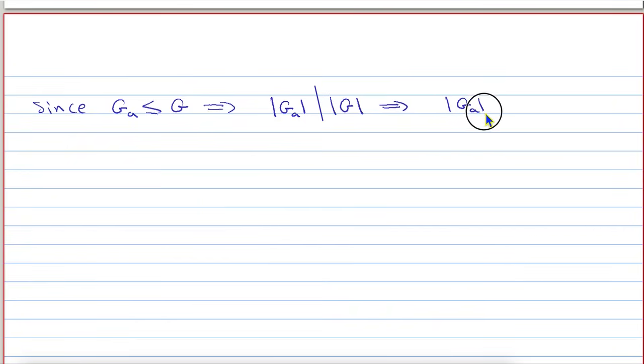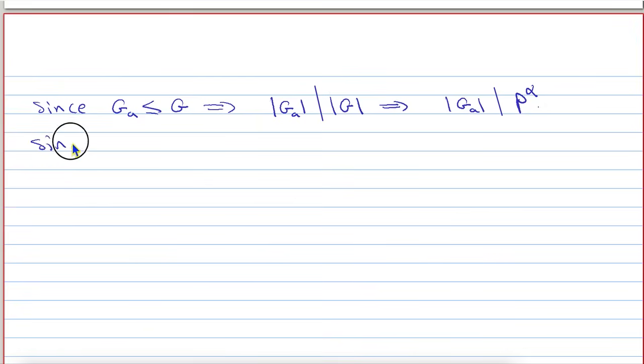So since the stabilizer of A is a subgroup of G, this implies the order of the stabilizer divides the order of G. But the order of G is p to the power alpha. So this implies the order of the stabilizer divides p to the power alpha.